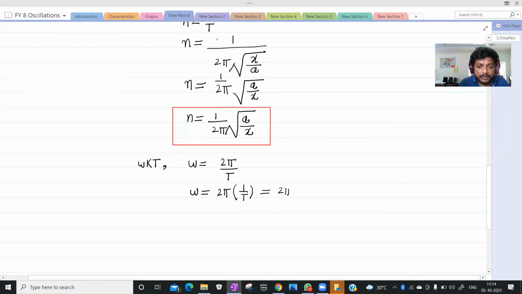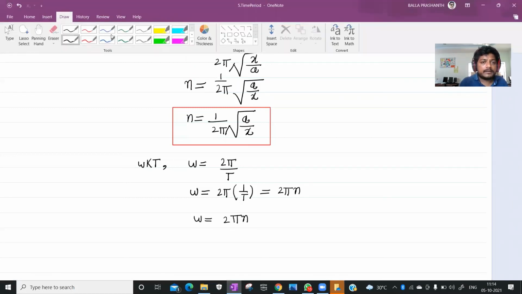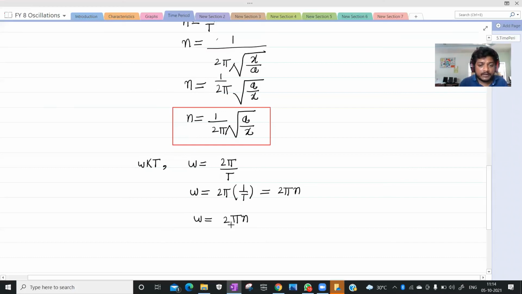The reciprocal of time period is nothing but frequency. So omega equals 2 pi n.